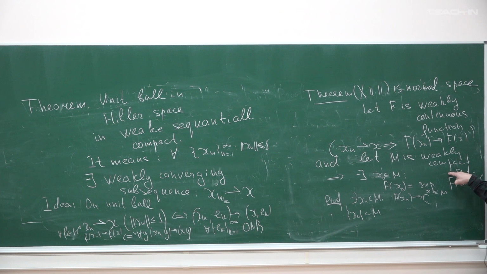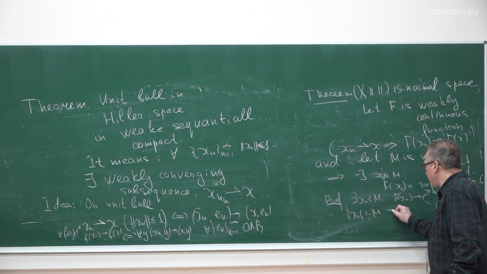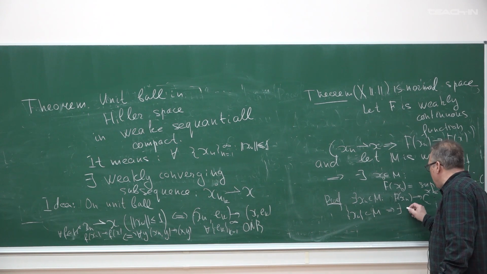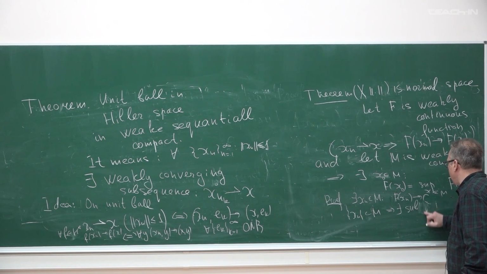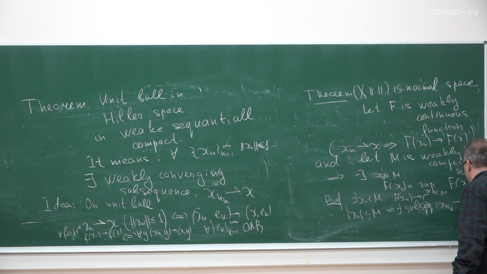By definition of weakly compact, what can we do with this sequence? There exists a subsequence xnk which weakly converges to x0, some x0. But our function F is weakly continuous.